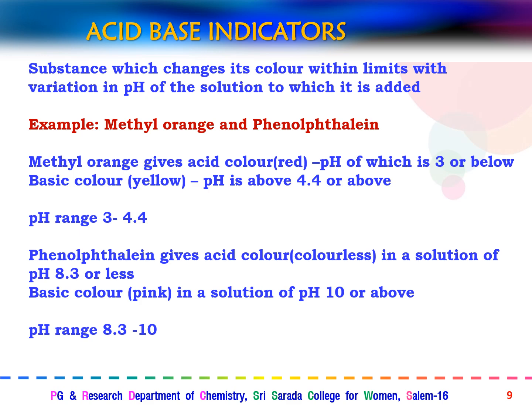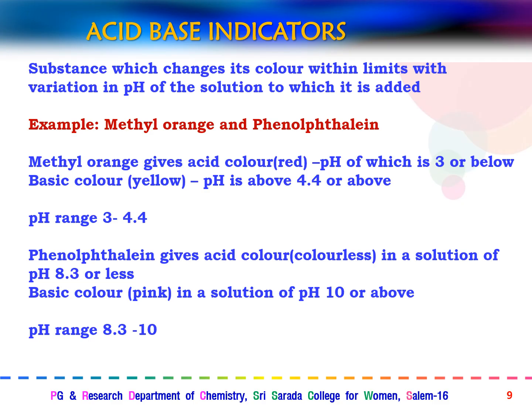For example, methyl orange gives its full acid color, that is red, when added to a solution whose pH is 3 or below, and the full basic color, that is yellow, in a solution whose pH is 4.4 or above. Here, the pH range of methyl orange lies between 3 and 4.4.